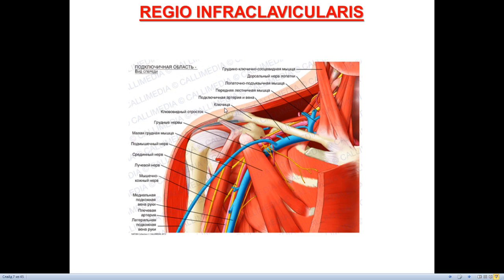The vessel-nerve bundle, which contains the subclavian part of the brachial plexus, pars infraclavicularis, plexus brachialis, and the subclavian artery and vein, are projected on the middle of the clavicle.